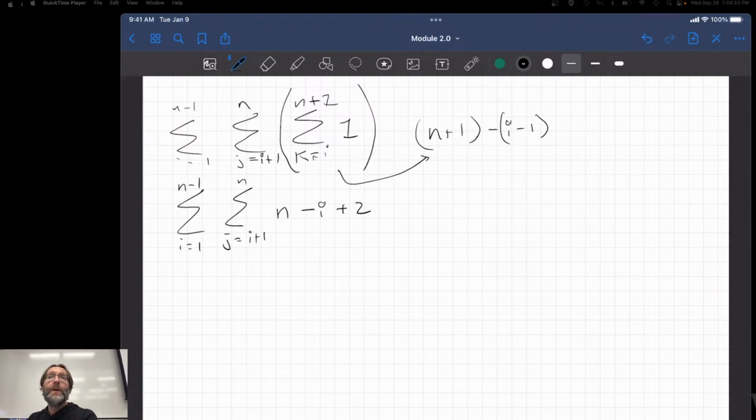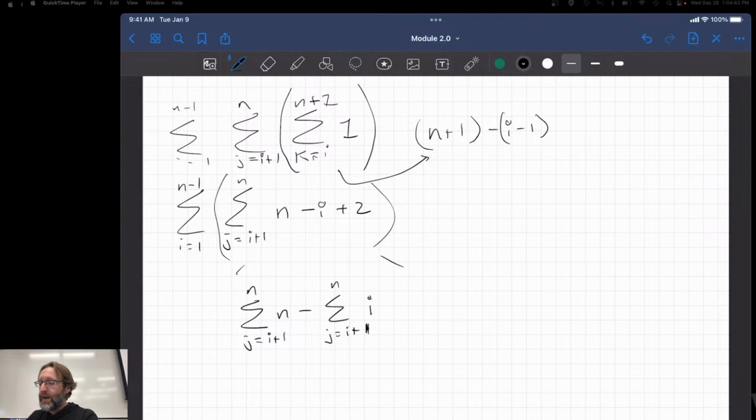Right? Summation of sums is equal to the sum of summations. So let's look at this one. We can break this up into 3 summations. j is equal to i plus 1 up to n of n. j is equal to i plus 1 up to n of i. And we subtract that out. I'm just going to take the subtraction out front immediately. Plus summation of j is equal to i plus 1 up to n of 2. So solve each one of these.